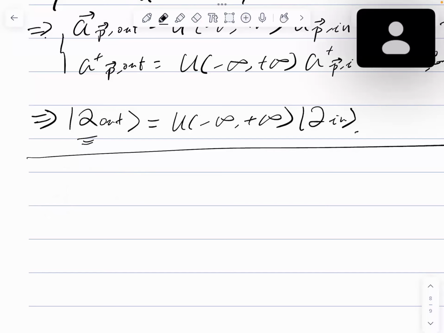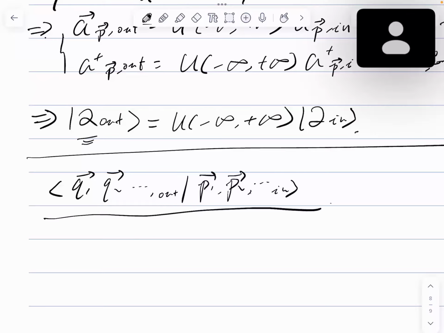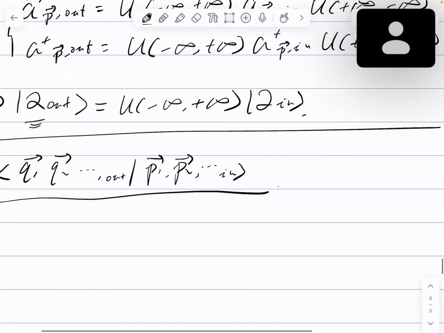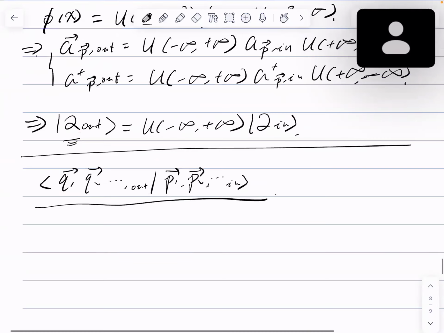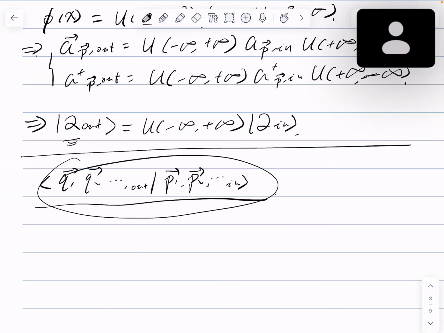The most general expression is q1, q2, out, p1, p2, in. This is the general expression for the transition amplitude, and we can use this amplitude to obtain any observable quantity in our theory.